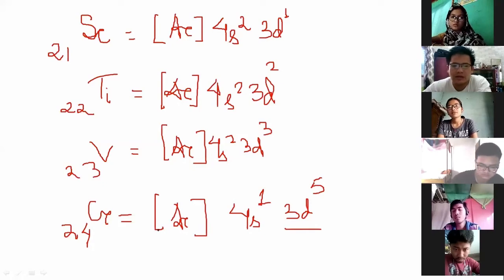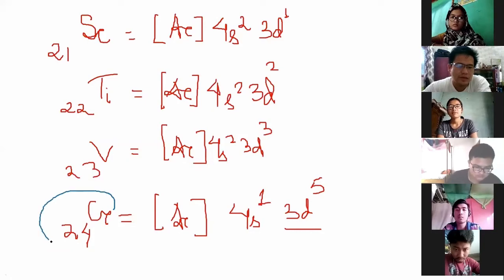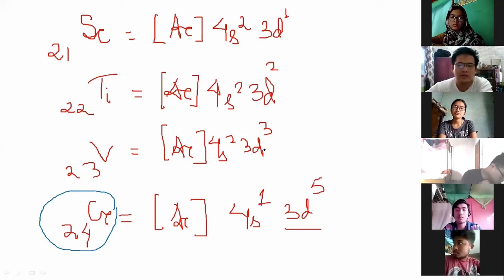So you should be able to write the electronic configuration for chromium. Don't put 4s2. You have to put 4s1 3d5, as I told you in class 11. Then copper.